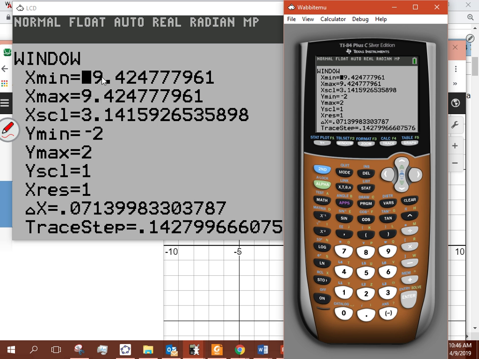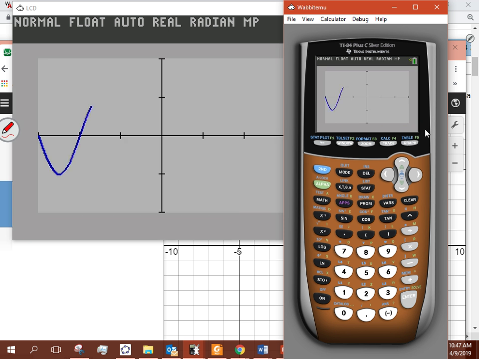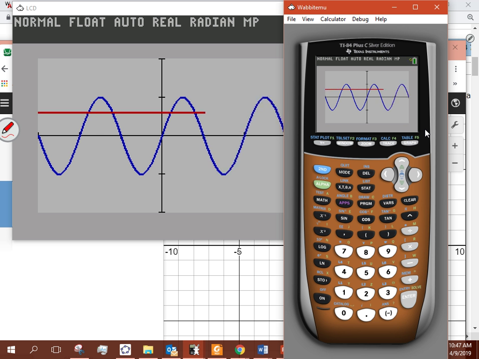So I make my x minimum negative 3 pi, make my x maximum 3 pi. I went my scale by pi. My max and mins for my y, which is bigger than 1 and negative 1. And I graph it. And that thing right there is exactly the same graphing that they gave you in the image. Does that make sense?